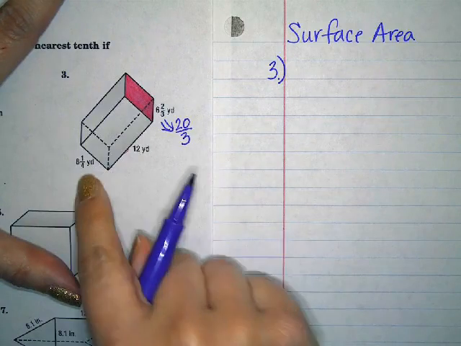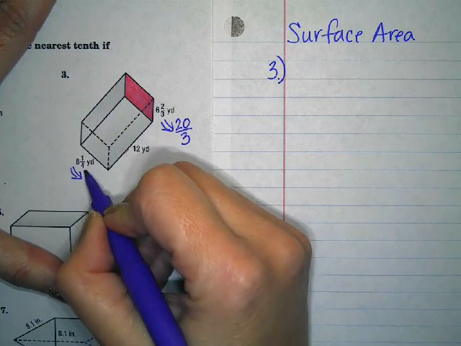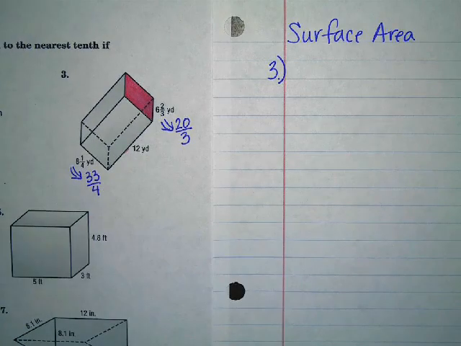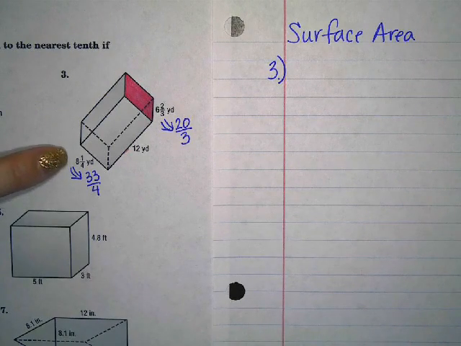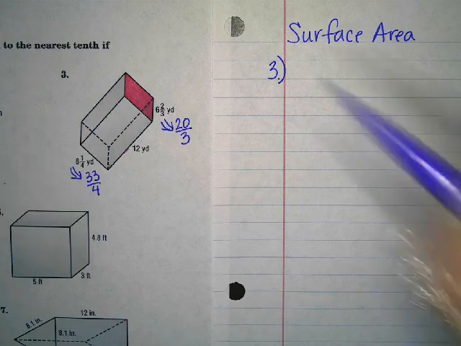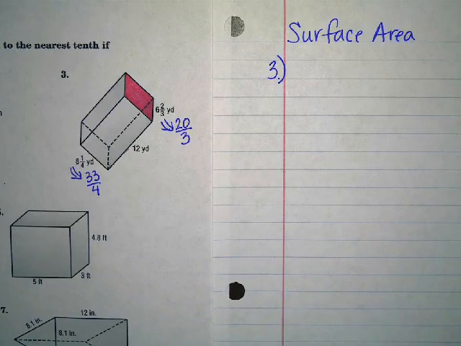And if we change 8 1/4 to an improper fraction, we end up with 33 over 4. So anytime we use 8 1/4, we're going to substitute 33 over 4 for that, and whenever we need 6 2/3, we're going to use 20 over 3.